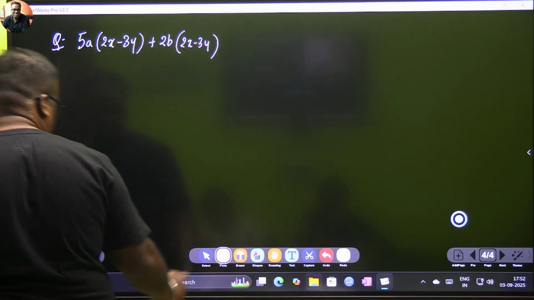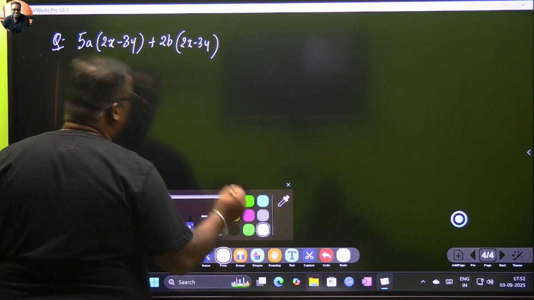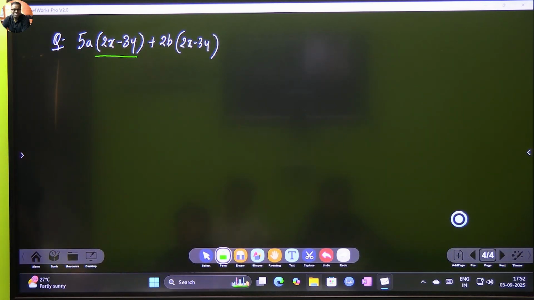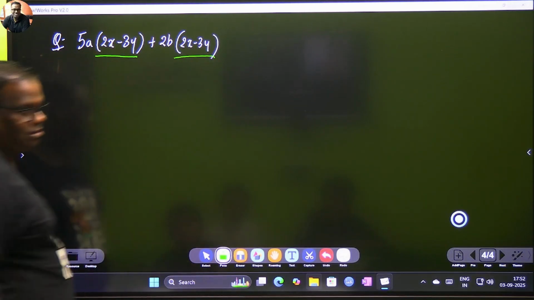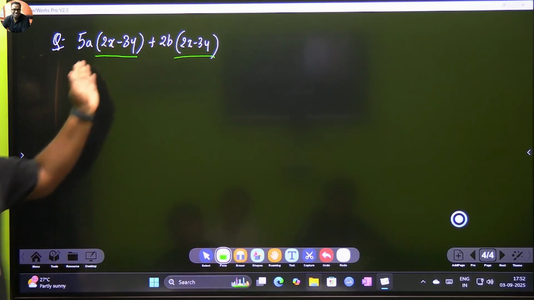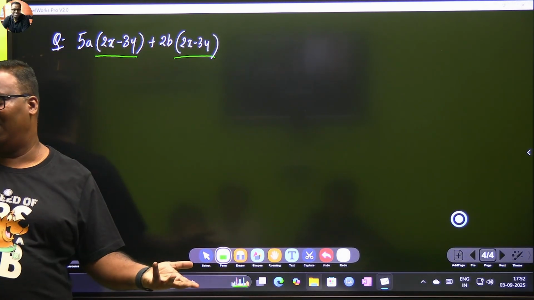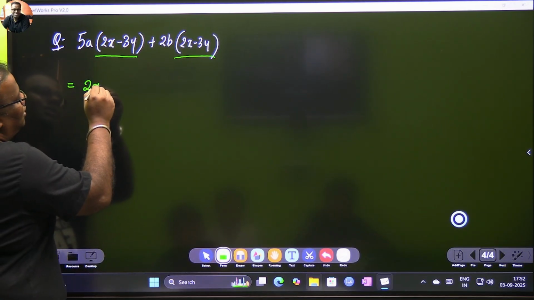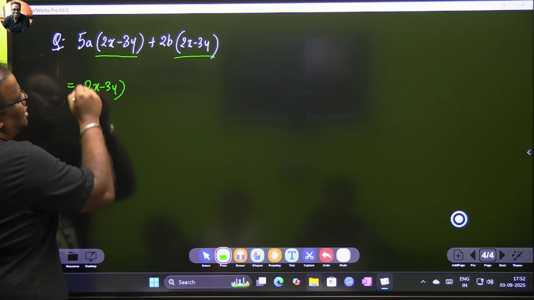Now if you look at this problem, now see here. This is dog. Dog. Well, then this is also dog. The dog is common, huh? So we take dog common. Now take dog common. Dog is taken common.